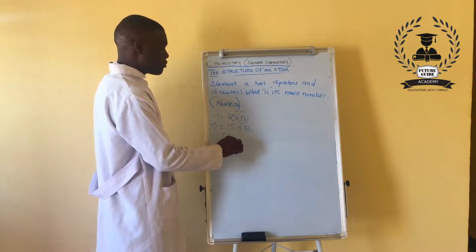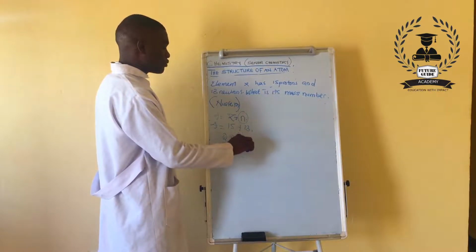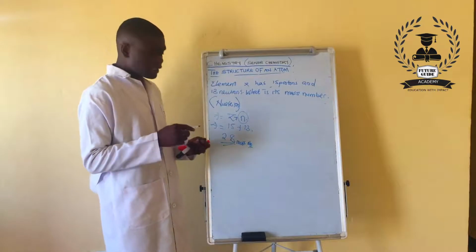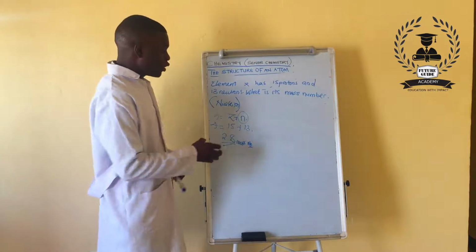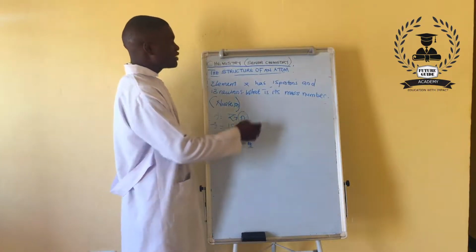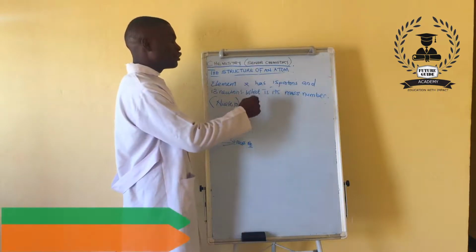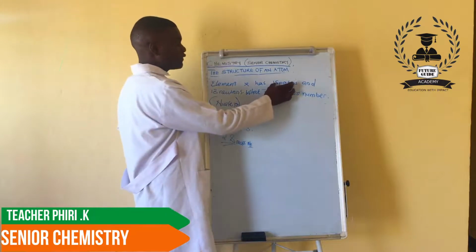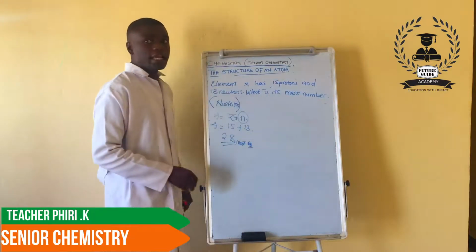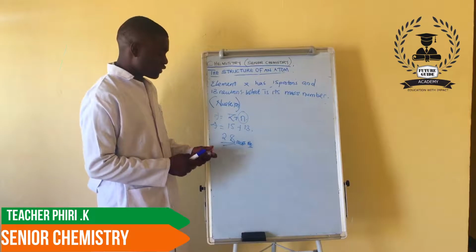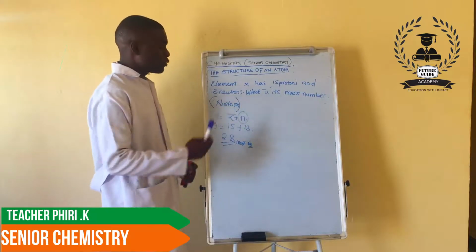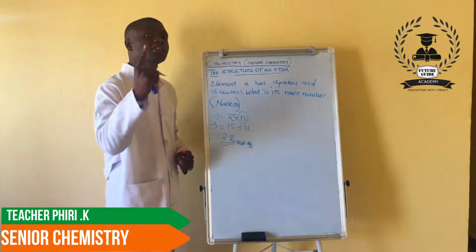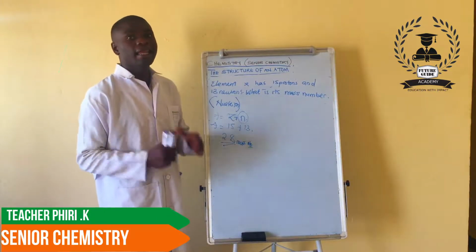That is the mass number of this element. Another thing that you're supposed to know is that when you've been given a mass number, you just subtract whatever you are looking for. For instance, if they did not give us the neutrons, we subtract 15 so that we find the number of neutrons. And that is how we identify the mass number of an element, which is also known as the nucleon number.